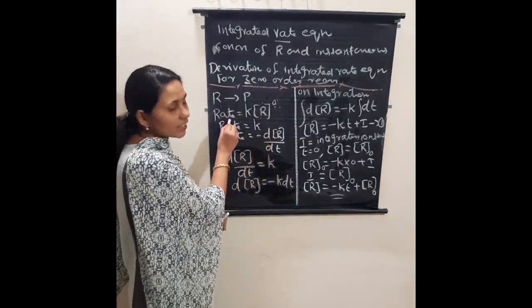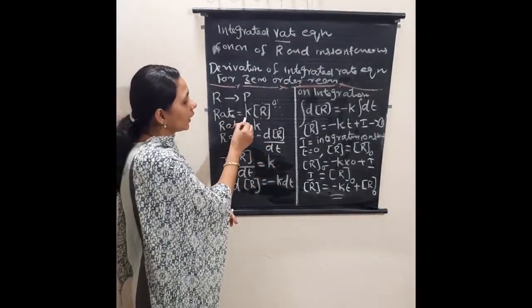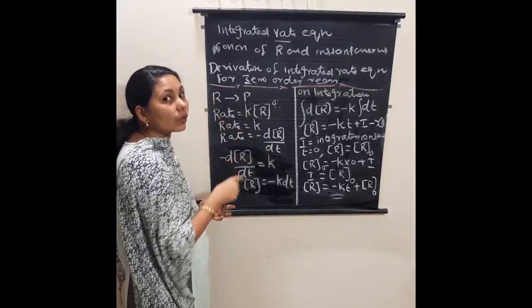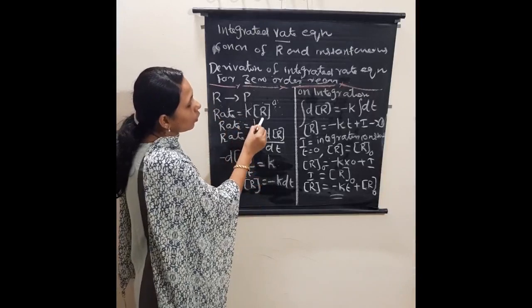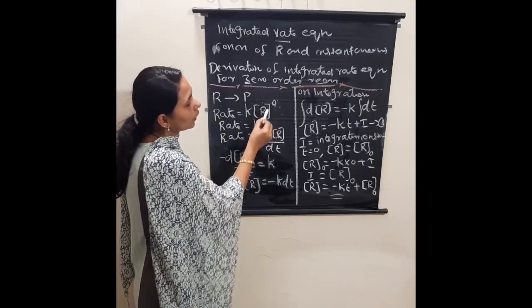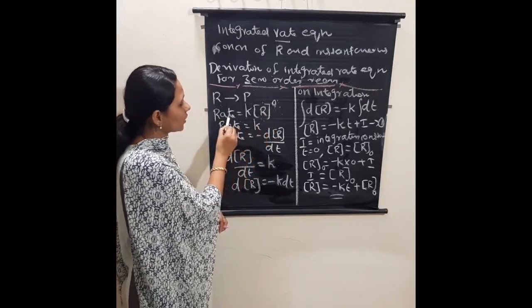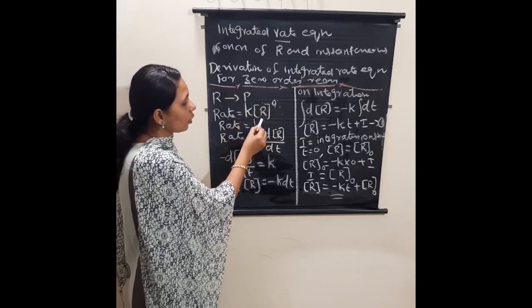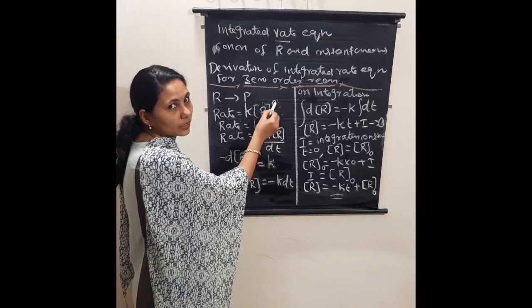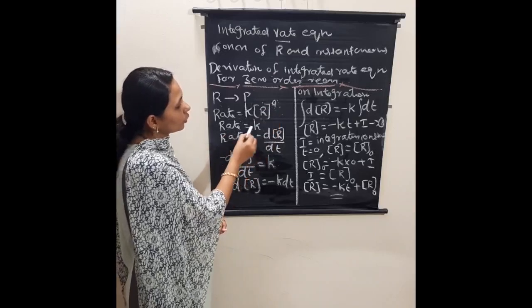So rate equals K into the concentration of R raised to 0, because it is a zero order reaction. K is our rate constant.